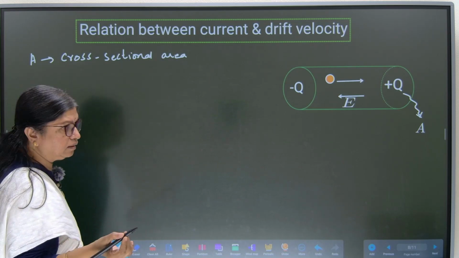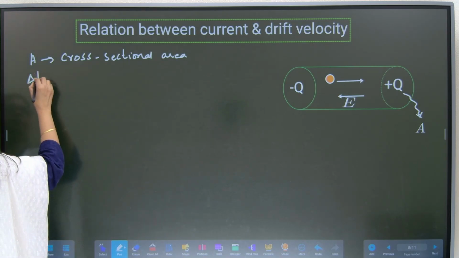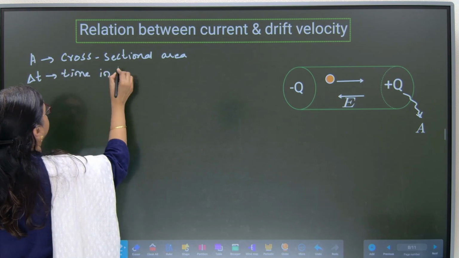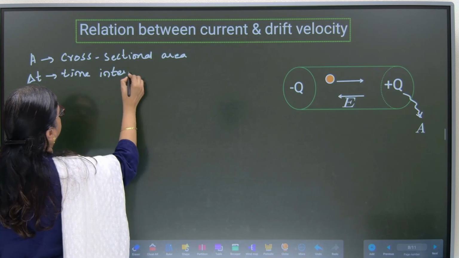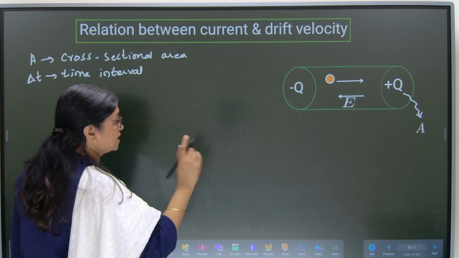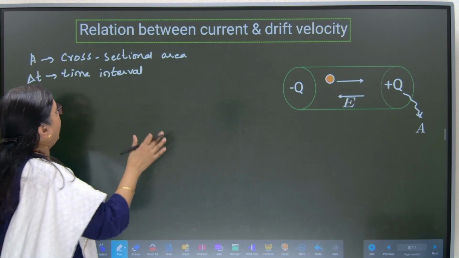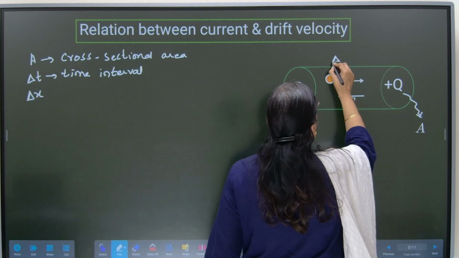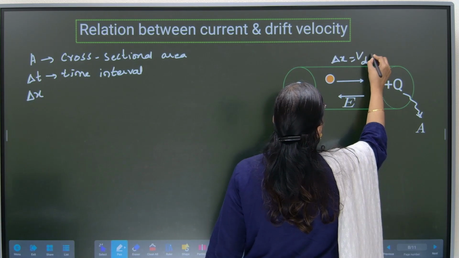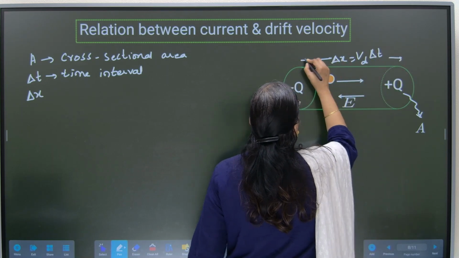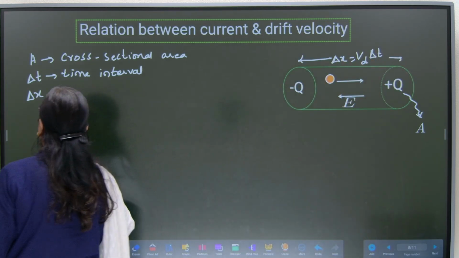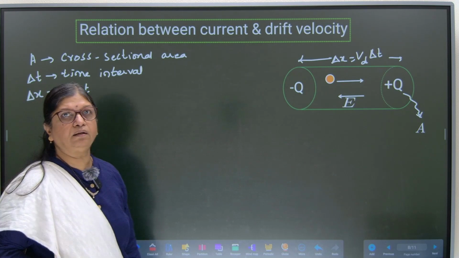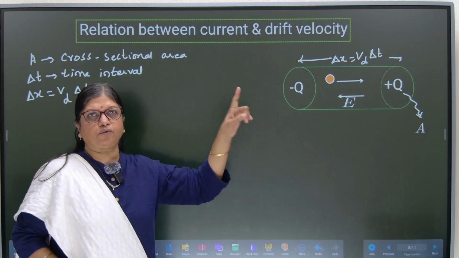Now let us consider a time interval delta t in which we have supplied an electric field of E such that the electrons have drifted a distance of delta x, which is the length of the cylinder or the conductor which we have considered, where Vd is the drift velocity of the electrons due to the presence of the electric field.